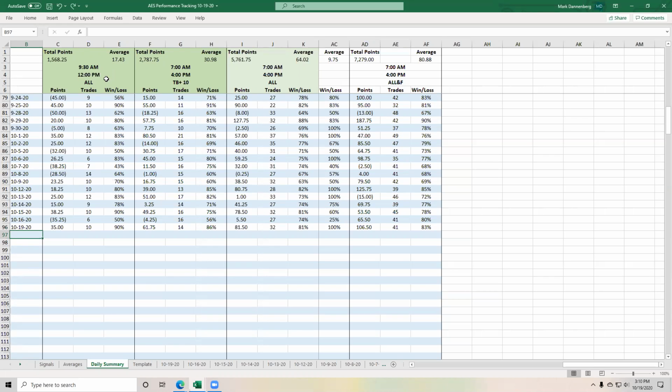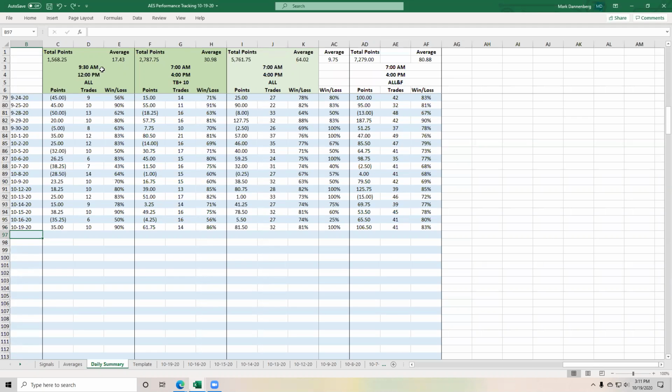Now, there are a variety of ways to break down the data that we have. We've automated the ability to go back and search what time frame you might want to trade, which signals you might want to trade. But we've picked two categories. We did this several weeks ago when we started profiling this in the live trading room.